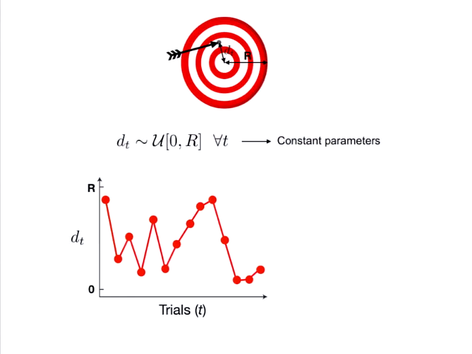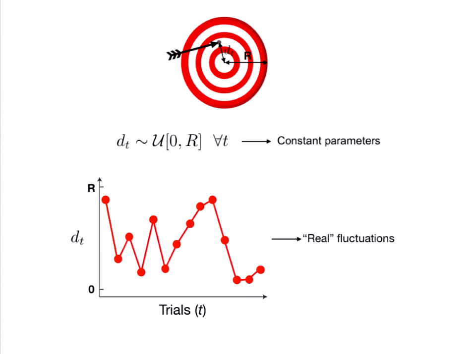So the first important thing to realize here is that these fluctuations are real. They capture a physical quantity, which is the distance to the center of the target. And the second thing to point out is that we don't need different models to model trials where I'm close to the center and trials where I'm hitting far from the center.